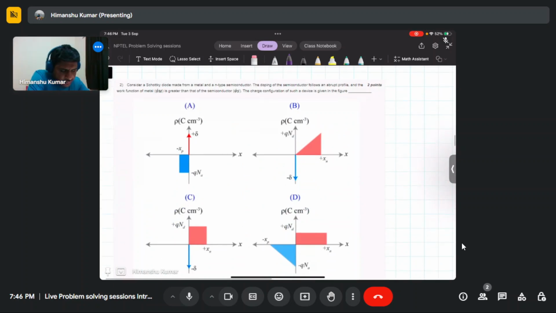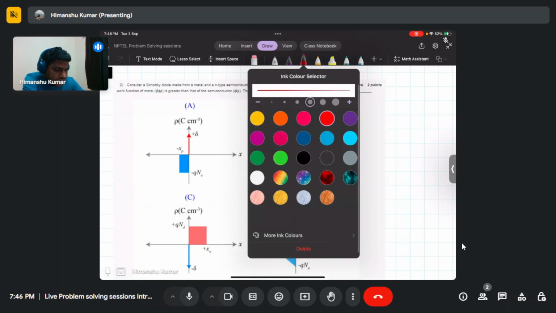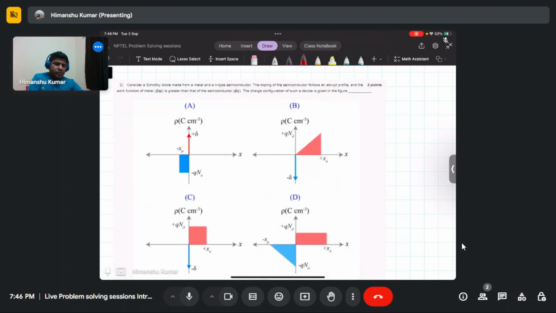So let's move to the next problem. Consider a Schottky diode made from a metal and an N-type semiconductor.